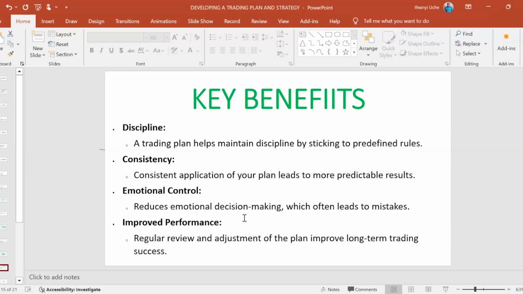Okay? Then, as soon as you control your emotion and focus on the rules in the application of your trading, you see that your performance will improve. And as you continue to review and make adjustments, you continue to improve on a day-to-day, week-to-week basis.